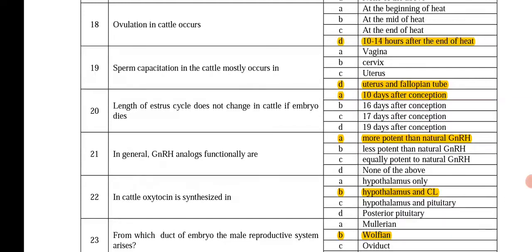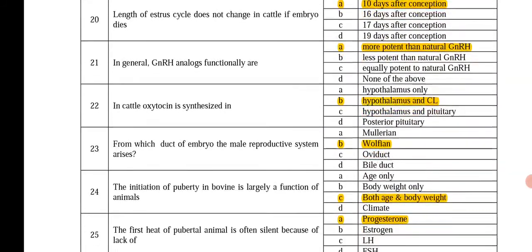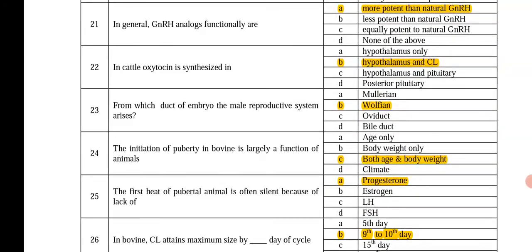Length of estrous cycle does not change in cattle if embryo dies 10 days after conception. In general, GnRH analogues functionally are more potent than natural gonadotropin releasing hormone. In cattle, oxytocin is synthesized in hypothalamus and corpus luteum.